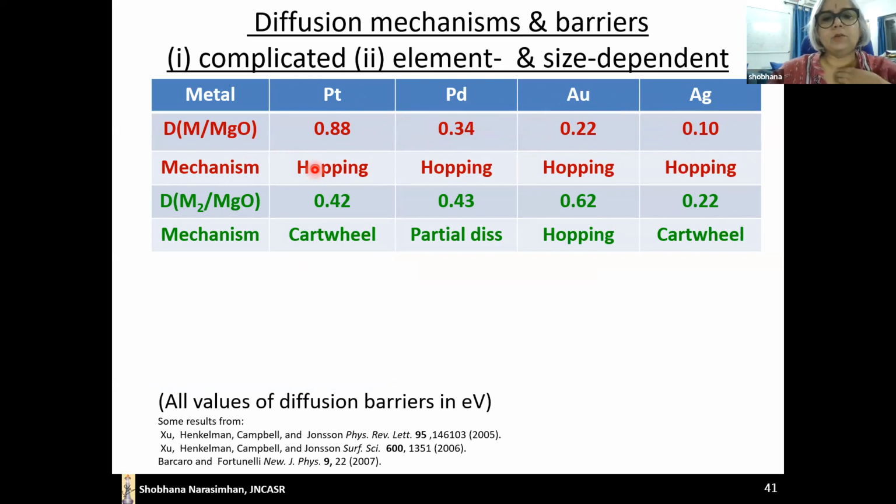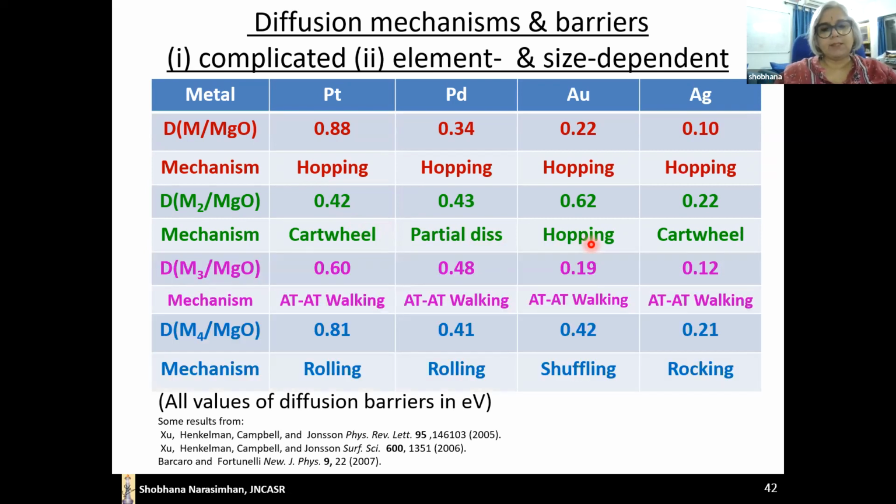And now I add the dimer, and now again, I start seeing different mechanisms. So this is my full table of mechanisms and diffusion barriers. And it looks very complicated, but the surprising thing is there are certain patterns in here, and we will extract them and discuss them with you.